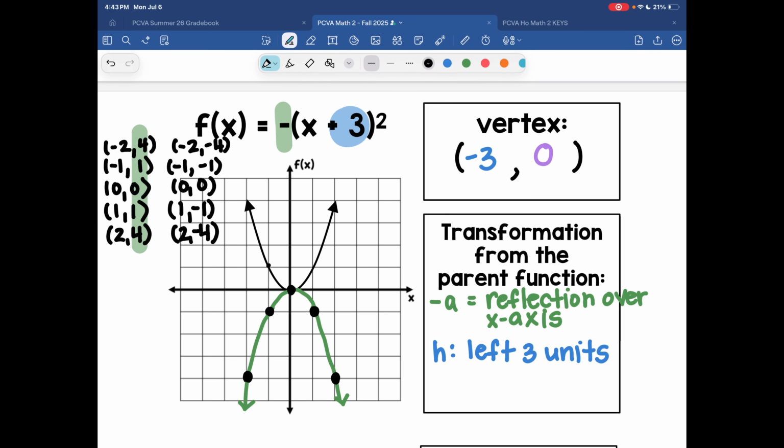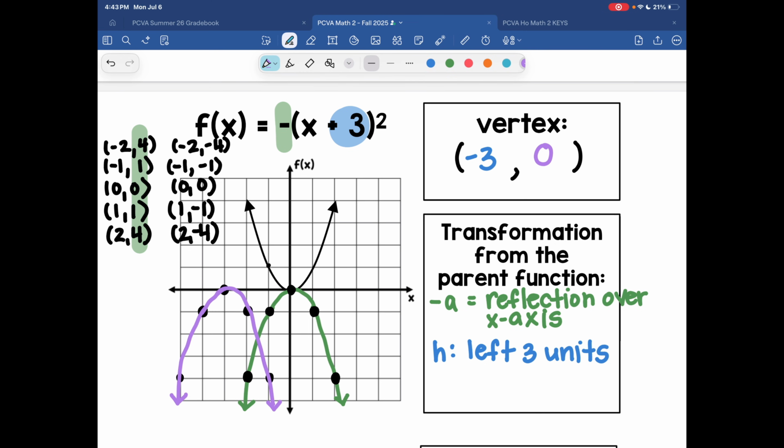Now what we're going to do is shift it, and we're going to go with the green one. We're now going to go left 1, or excuse me, left 3. So we're going to go to the left 3 units, and we're going to plot that new one. All right, so again, left 3, we're going to plot that new point. And every one of these, we're going to go to the left 3. And my final graph, after I applied the new transformations with the vertex, is in purple.